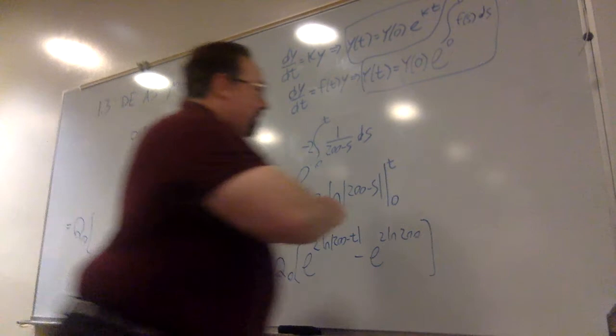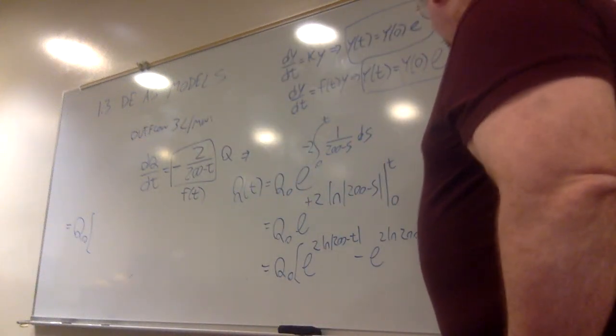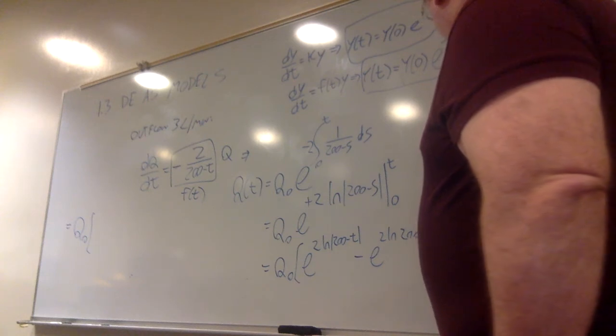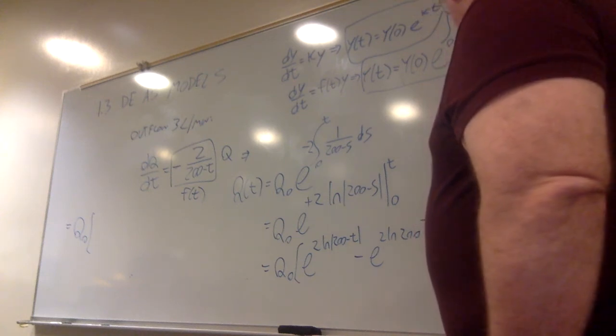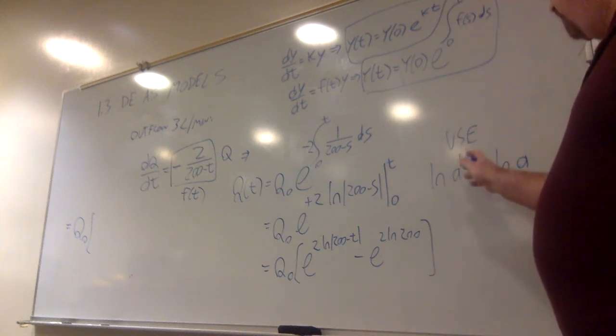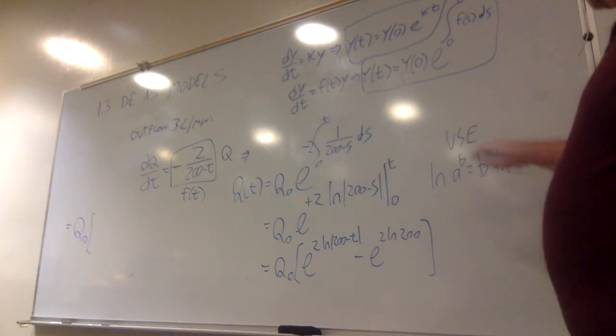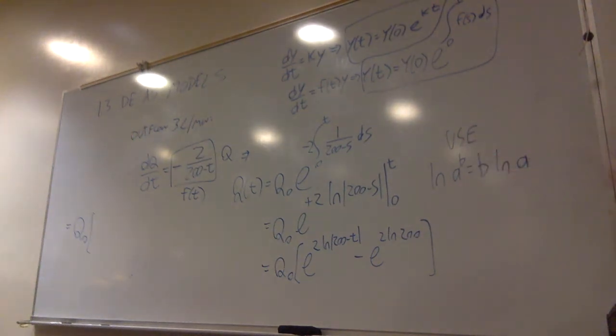So I'll write the property of logs down here in case you've forgotten. ln a to the b is equal to b natural log of a. The exponent can be moved from here to outside. Now here I'm applying it in reverse. I have this situation. I want to make it an exponent.